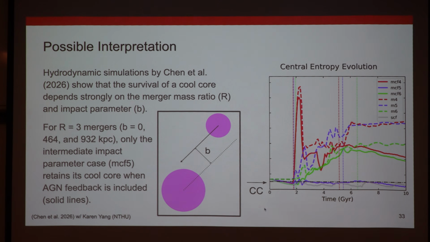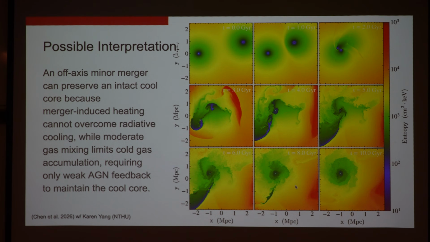As they merge, blue is low central entropy and red is higher central entropy. You can see these two cool cores coming together, and as they move closer together, this thing stays intact.